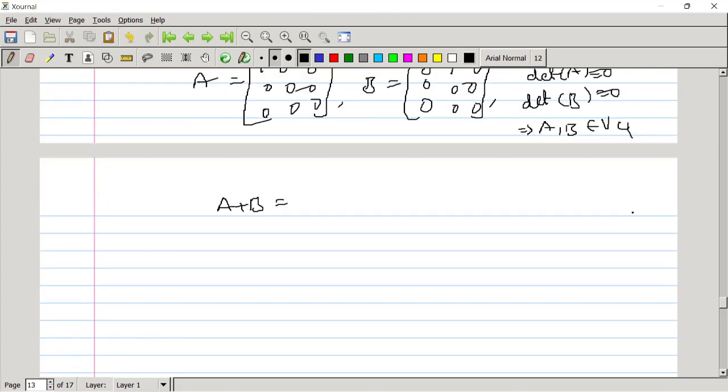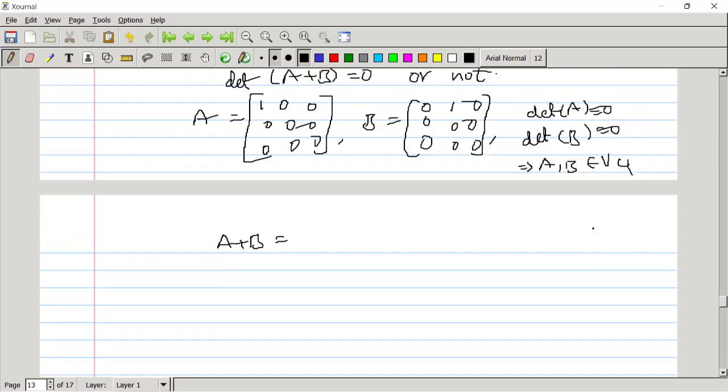But we have to check whether A plus B also belongs to V4. But let me change some matrices here. Here let me take 1, here it is 0, here it is 1. I'm just changing the matrices.